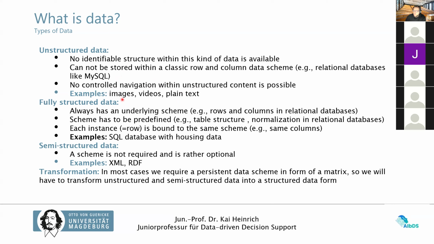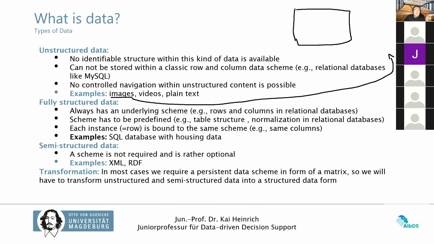So let's say we have 100 by 100 pixels. In an image, let's say we have an image, 200 by 100 because I draw it not quadratically. And then we have pixels.